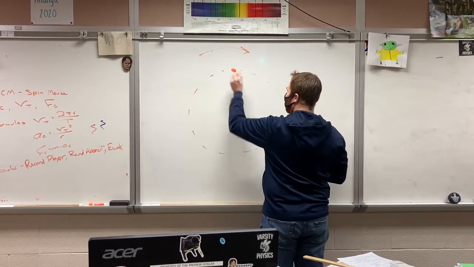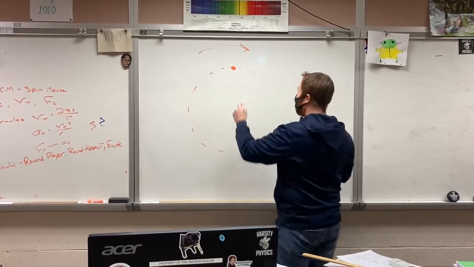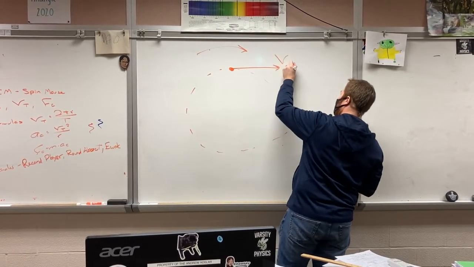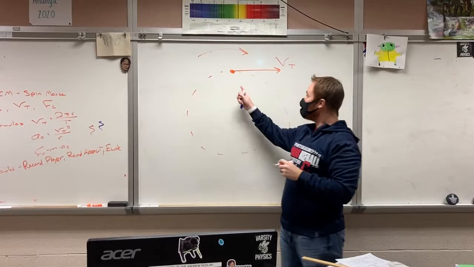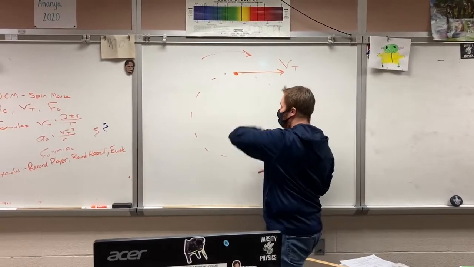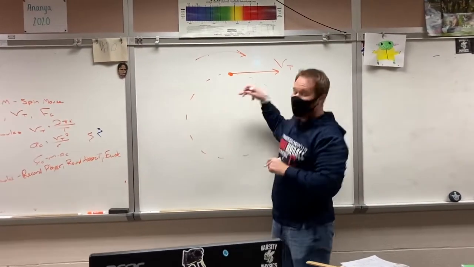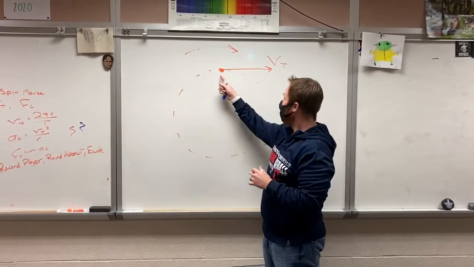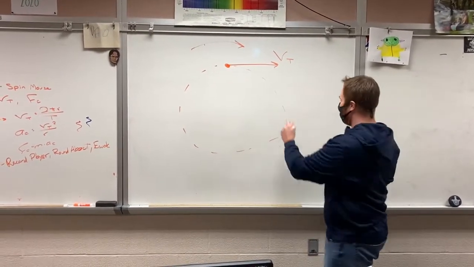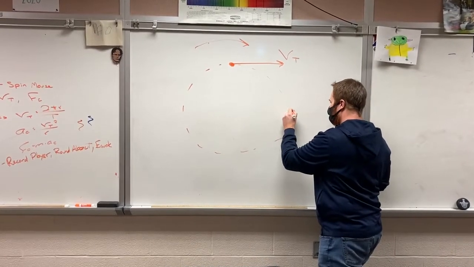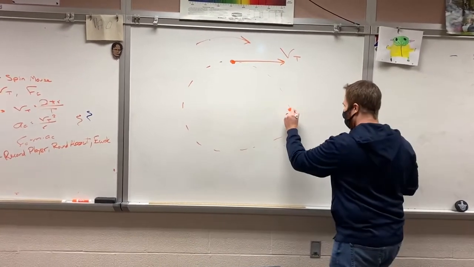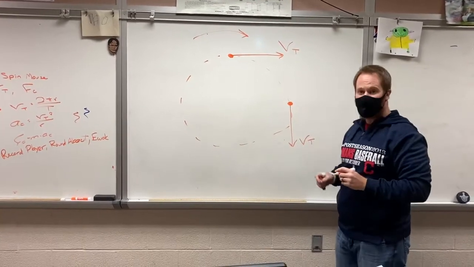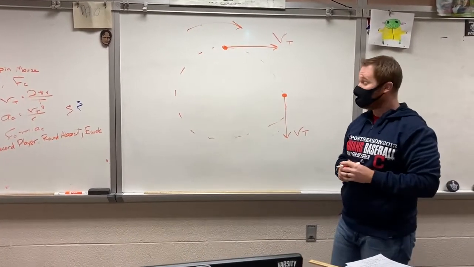If my mouse is at the top, that means its velocity is going at a line tangent to the circle. So what that really means is if I was spinning it around like so and was to just let go of that mouse or the cord itself, it would go flying off at a line here. Same right here. If it were traveling at this point right here, the tangential velocity would be going down right here. If I were to let go, bam, I'd just spike that right into the ground.